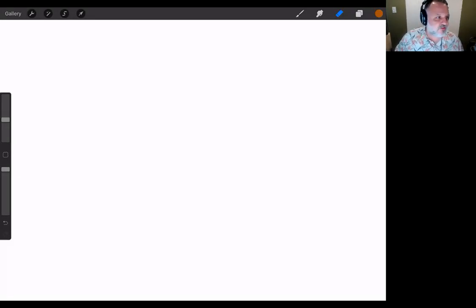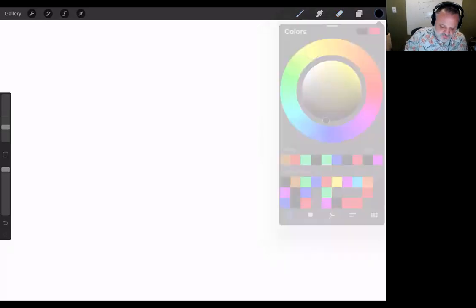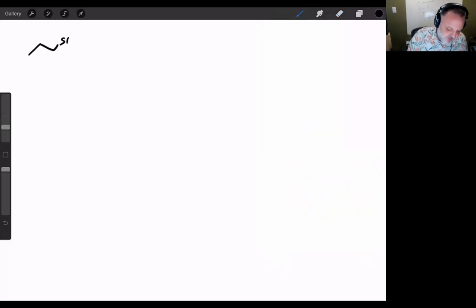So as I was saying, we were leaving off with thiols. If we recall, a thiol is something that has an SH on it, and there's a couple of different ways we can make thiols. If you remember from Organic Chemistry 1, the SH group is a very good nucleophile, but it's not a particularly good base.